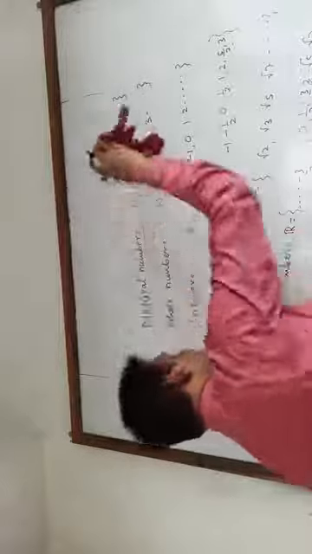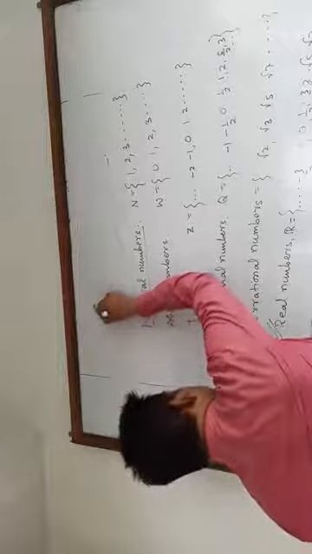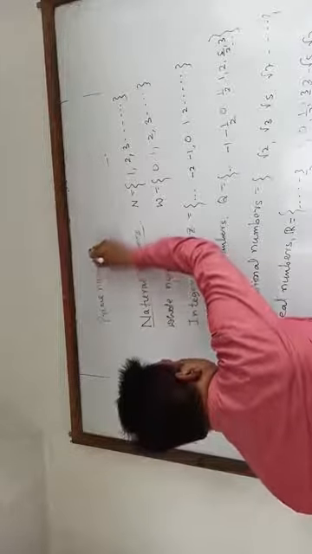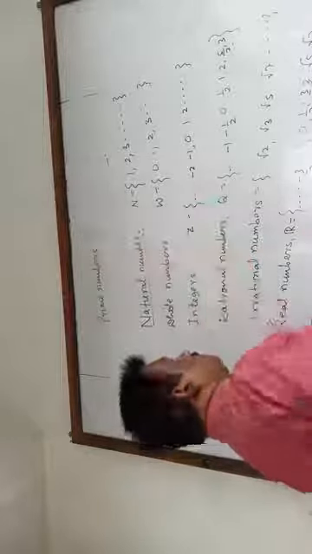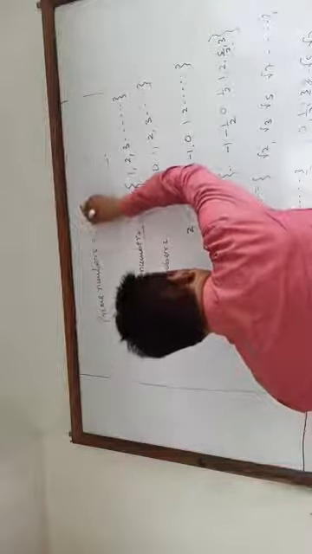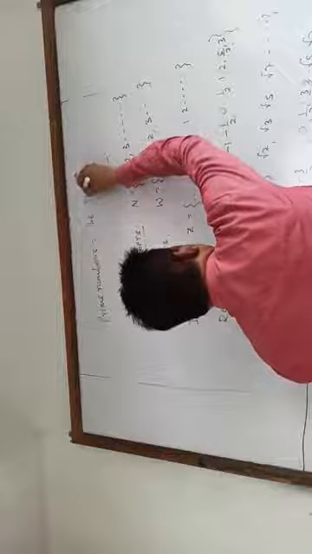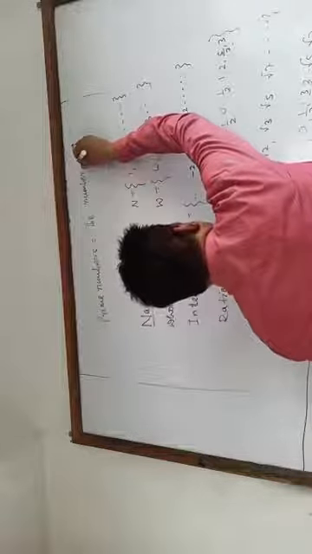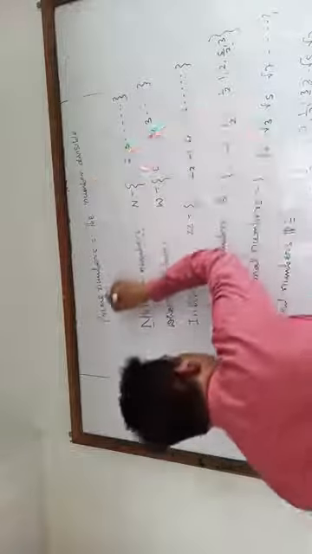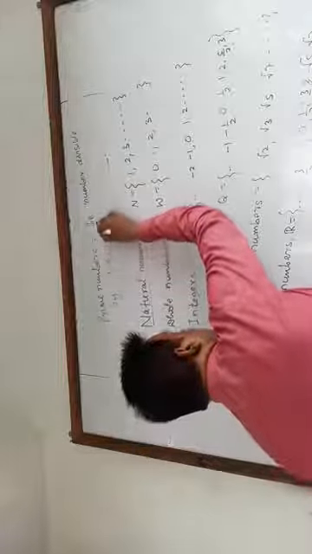So background means, what are called prime numbers. The number divisible by 1 and itself.